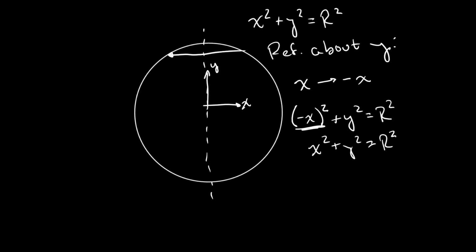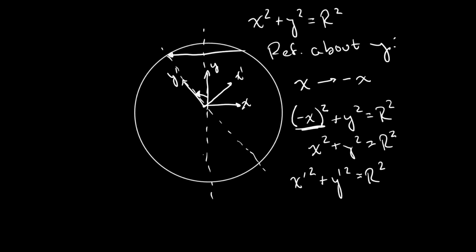But now this immediately tells us that the circle is symmetric under any reflection about an axis that goes through the center, because I know that I can always rotate my axes to something like this, x prime, y prime, and now I can reflect about this new y prime axis, and I know that I have x prime squared plus y prime squared is equal to r squared. Same thing happens. X prime goes to minus x prime. It's squared, so the equation doesn't change.